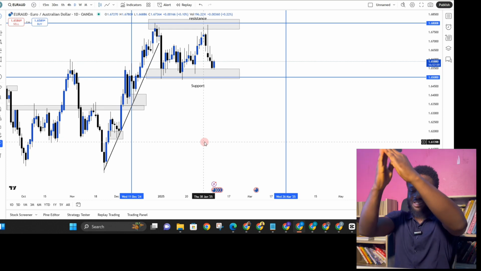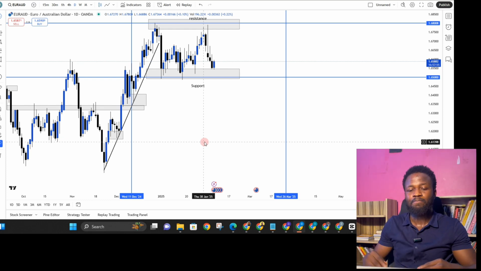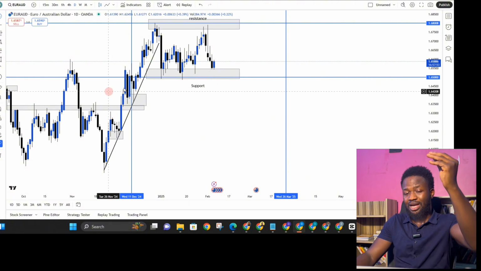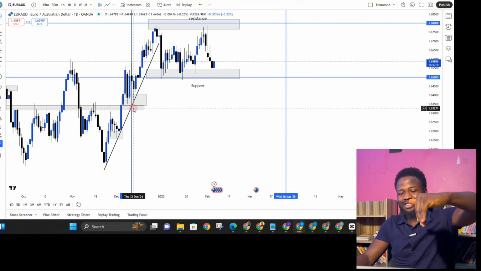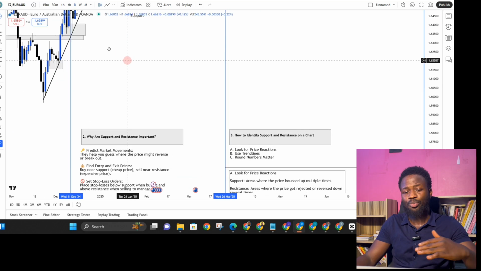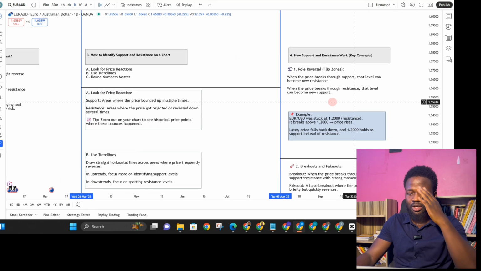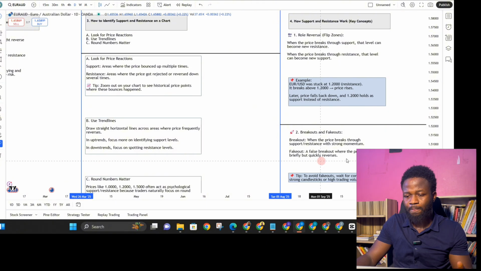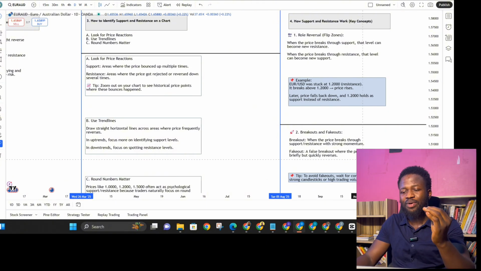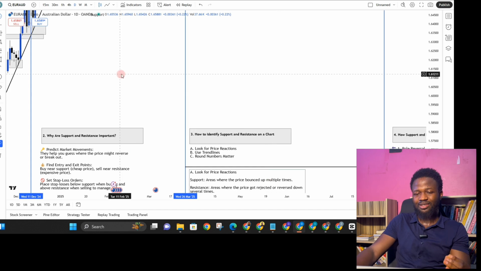So when it breaks a support or breaks a resistance, that can be a breakout. And when it tests that place and the support changes to resistance or resistance changes to support, we can confirm it as a breakout. While a fake out is a false breakout where price breaks briefly before reversing quickly.